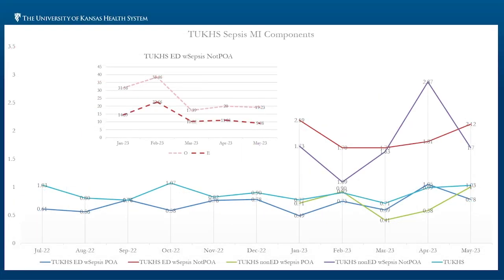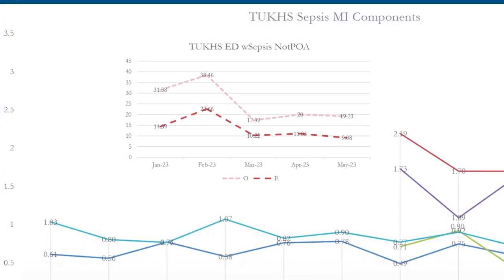On the left-hand side in the dotted line, you can see the O/E ratio of this component. The expected mortality, the dotted darker red line, is always lower than the observed mortality, meaning more patients are dying than were expected to die from sepsis. So this is the problem component, not only within our hospital, but other health systems as well. It essentially hones in on and suggests the occult sepsis population that have poor outcomes.